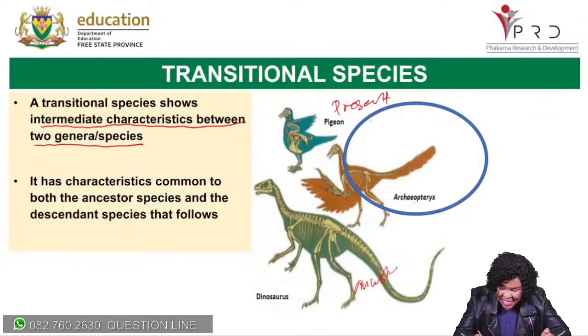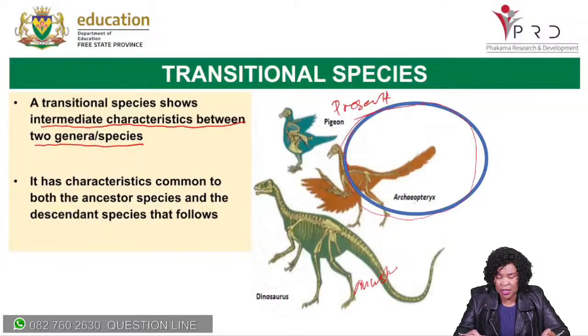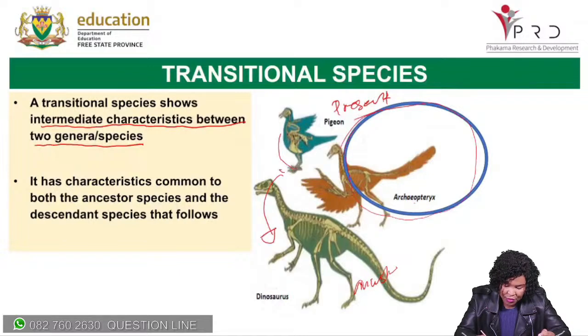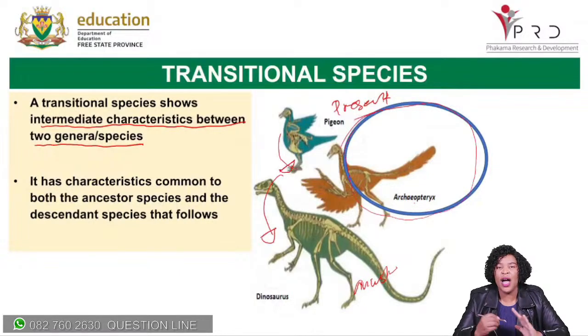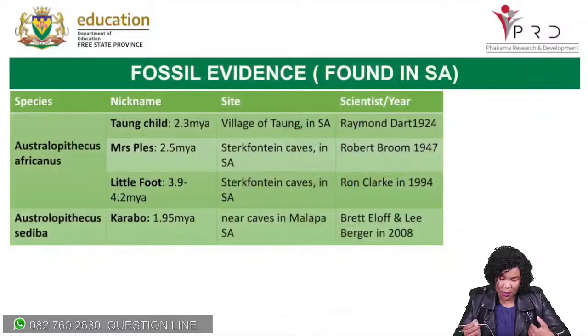So that one that is in the middle, we call it a transitional species, because it has both characteristics of the old and of the new. Then you are going to use this information when you are applying your knowledge when answering the questions on human evolution or the relationships thereof.